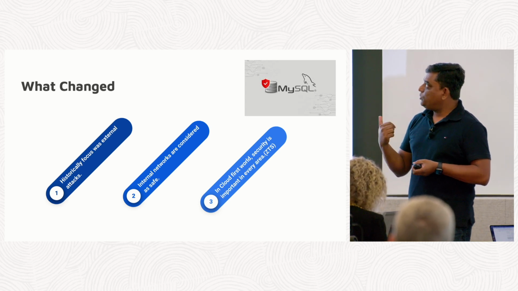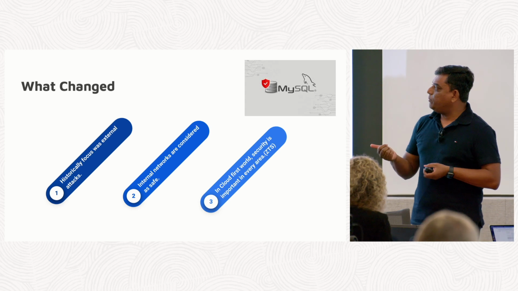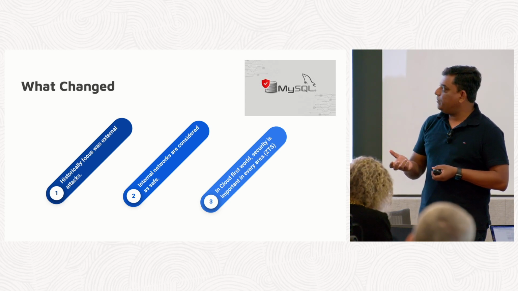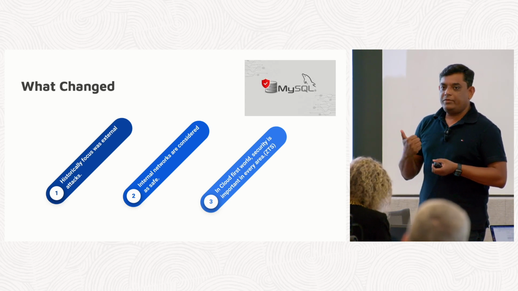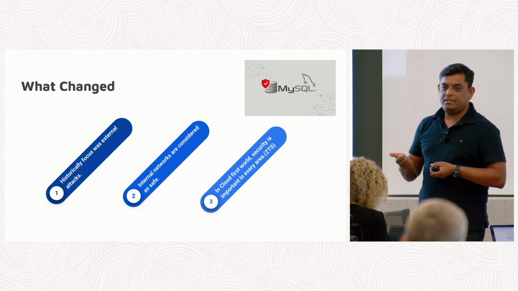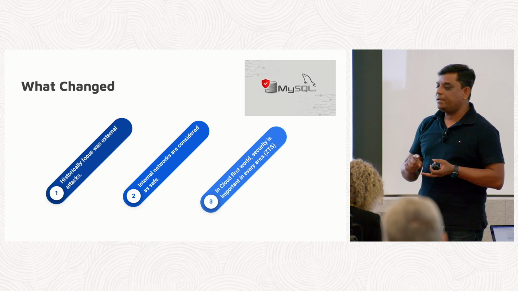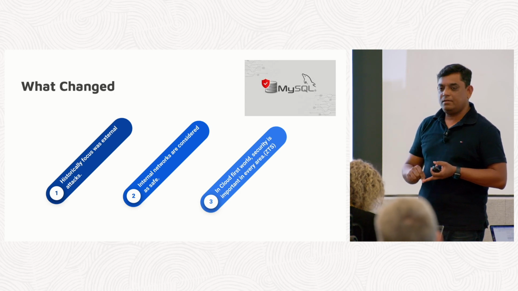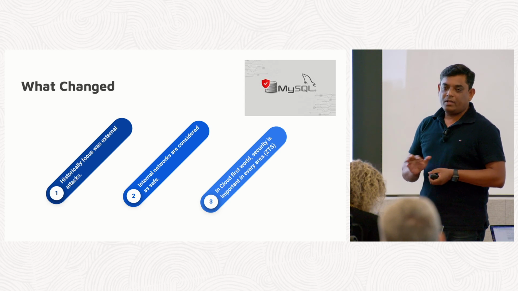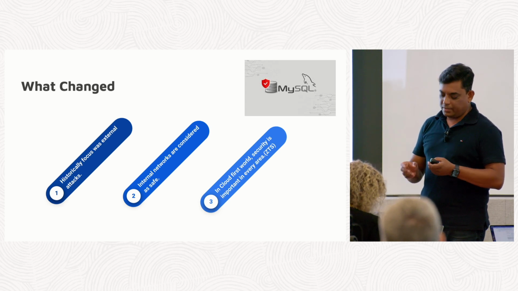The world evolved into a more security first approach, where every time someone is connecting to a database system, they have to make sure that security is not compromised, and that the person or application connecting to the database is verified and allowed. There is no exception, whether internal or external.